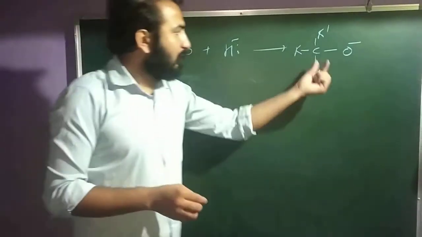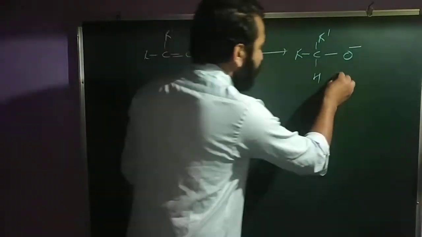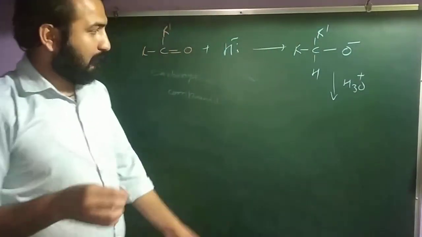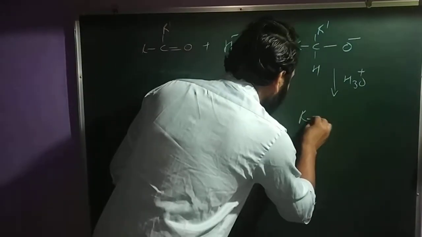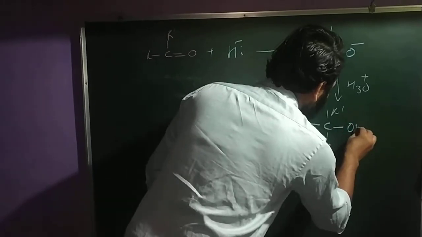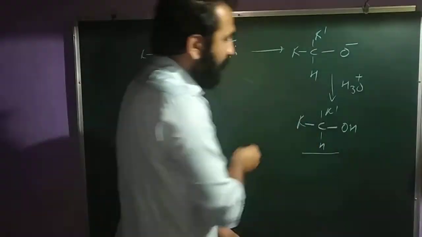This is called the alkoxide ion. And by protonation, taking H3O positive, it will give R, R', H, and OH. So this is your alcohol.